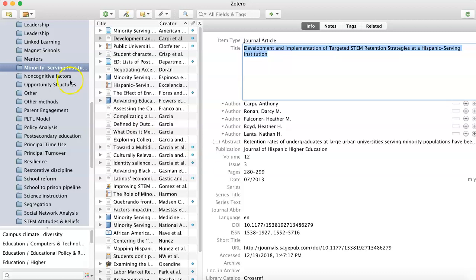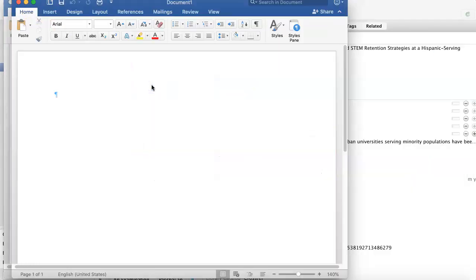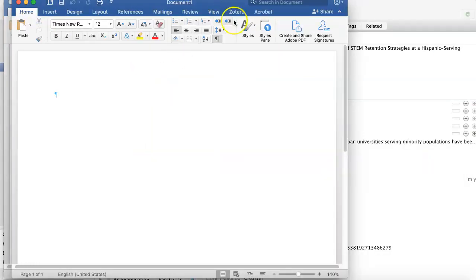The second thing that Zotero will do is, when you are typing an article, so for example, this is not an article, but this is our syllabus. Let me open up another blank document. Let's say I've written some stuff. It's incredibly amazing, insightful, what I've written, and I am ready to cite it. I have Zotero open. You can see I have a Word document plugin as well.